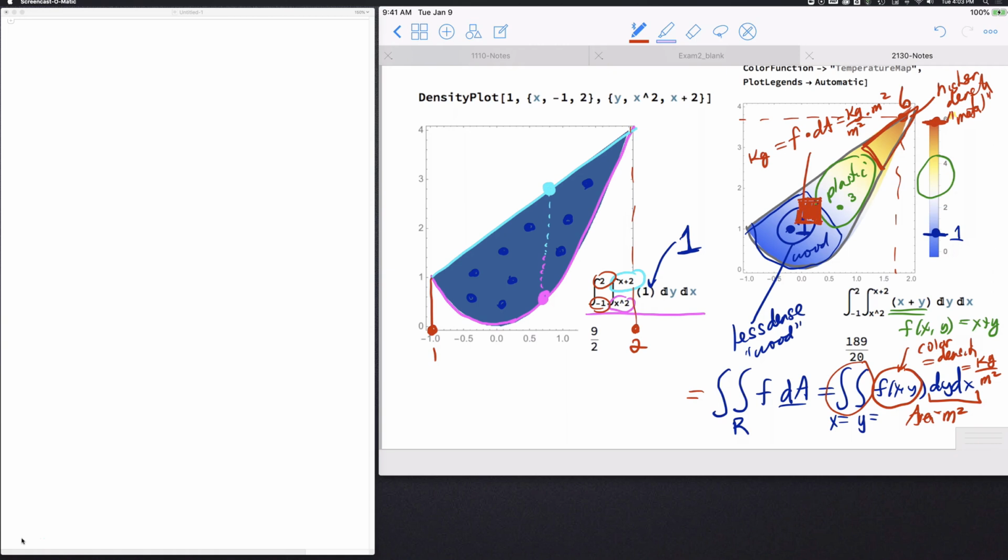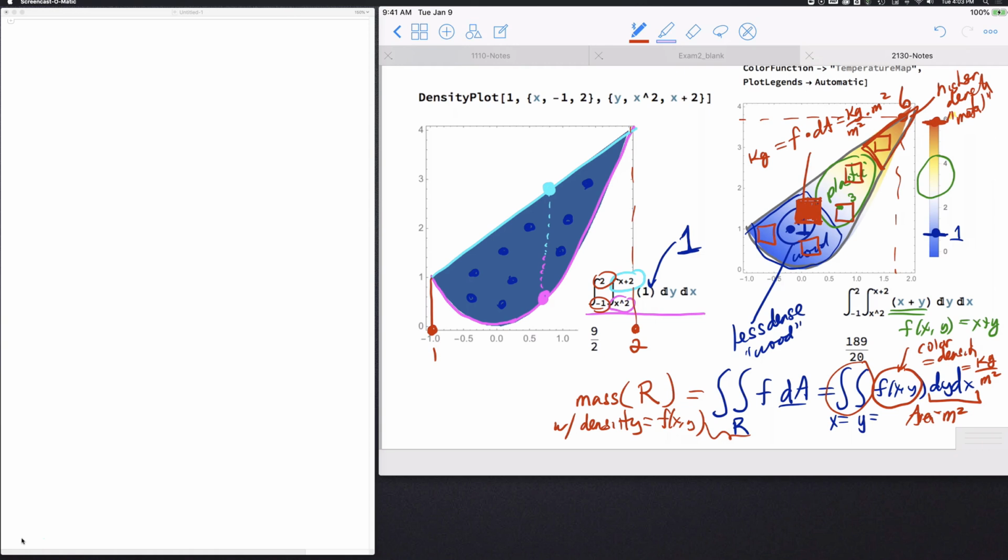So we figure out how much each little region weighs in kilograms, and then do a double integral to add up all those regions in terms of mass. Therefore our final interpretation of this double integral is the mass of the region R, whose density function is equal to the function f of x, y.